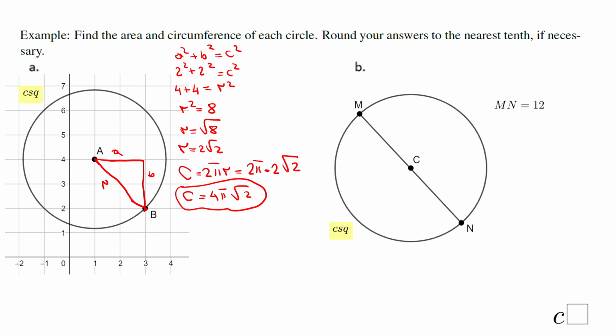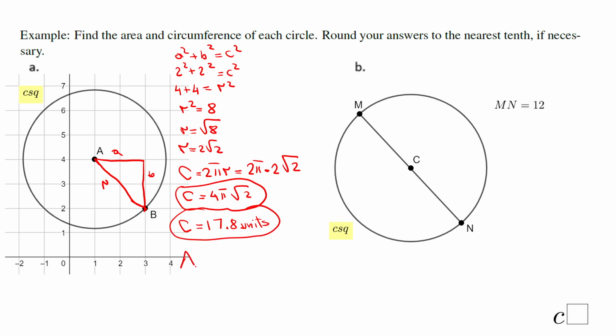It does help a lot. That will be 4 times pi times square root of 2. I end up with 17.77, rounded to the nearest tenth, 17.8. And again, here are units because we talk about circumference.